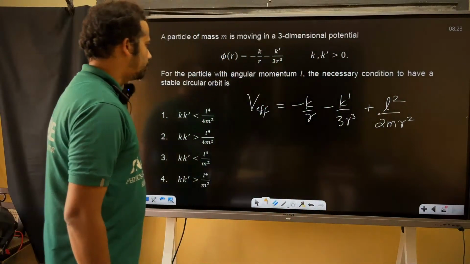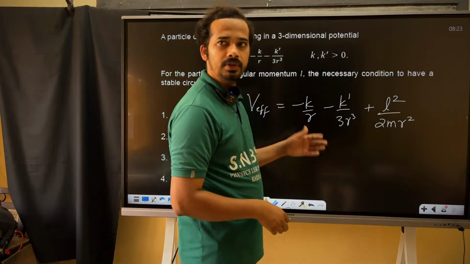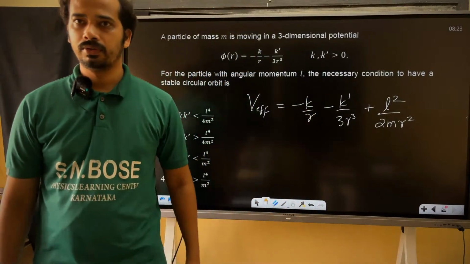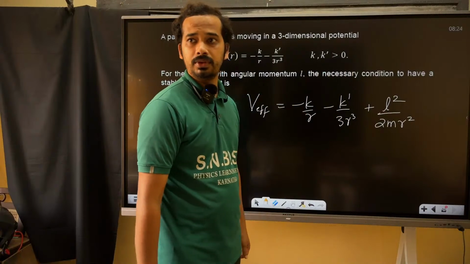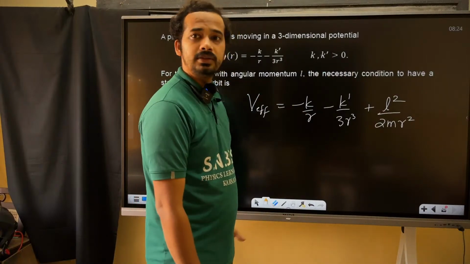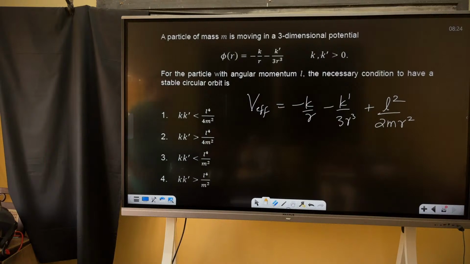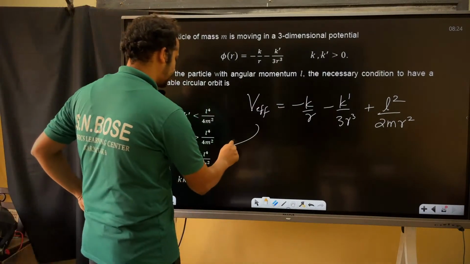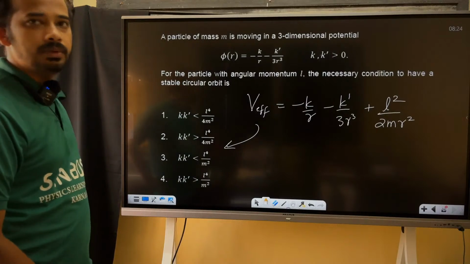Now you have to put the condition that it should have a minimum. Take the first derivative and equate to 0. Take the second derivative, substitute the point where the first derivative is 0. That second derivative must be greater than 0. That should lead to this one actually.